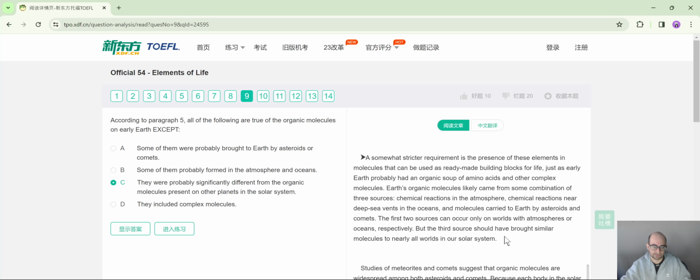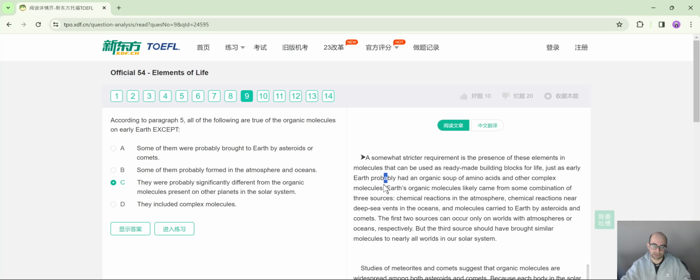If I read the rest of this, no. They don't mention that, so C is incorrect. Now, if you're not sure, you could check D. But by process of elimination, we already got it. Let's just check it anyway. "They included complex molecules." If we come back here, we did: early Earth probably had an organic soup of amino acids and other complex molecules.